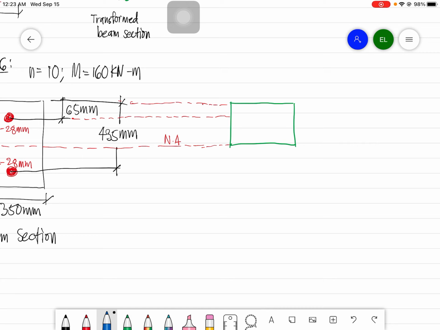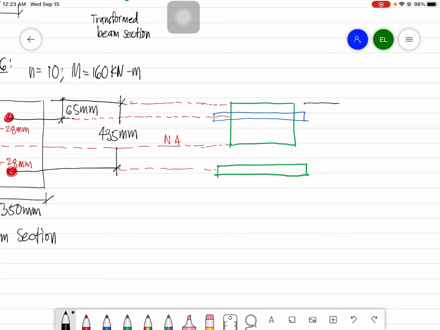Okay, the compression steel bar, let me draw this one as blue. Then also the tensile steel. Okay, tensile steel.